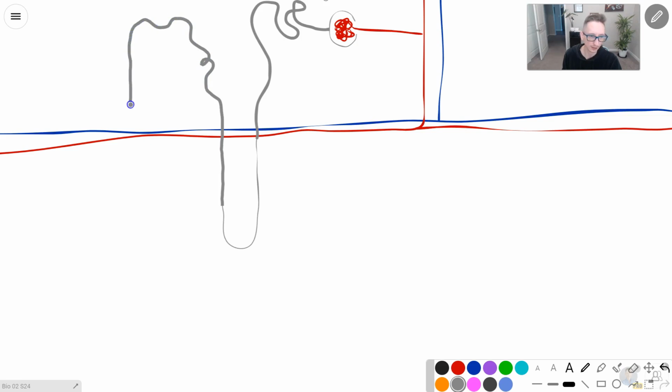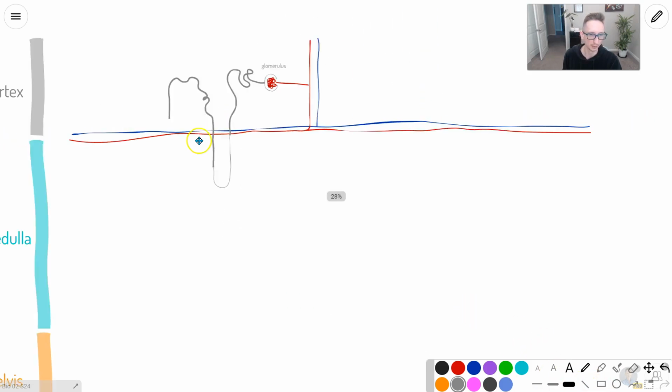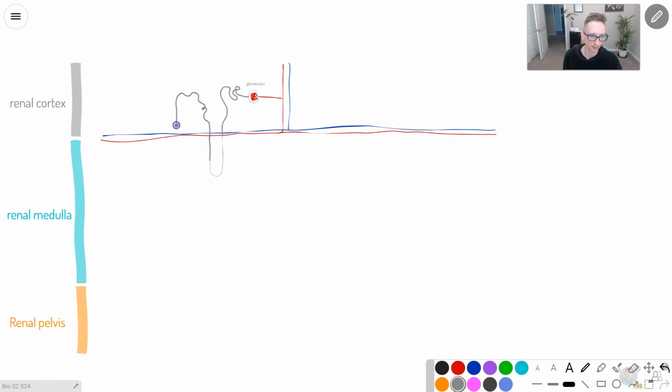And then it gets real fat. So I'm going to zoom out and make it even fatter, like so. And then it enters down in here, which is the renal pelvis. Okay. Let's keep it like that for now.